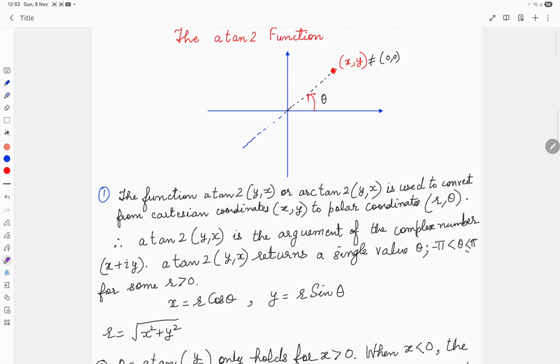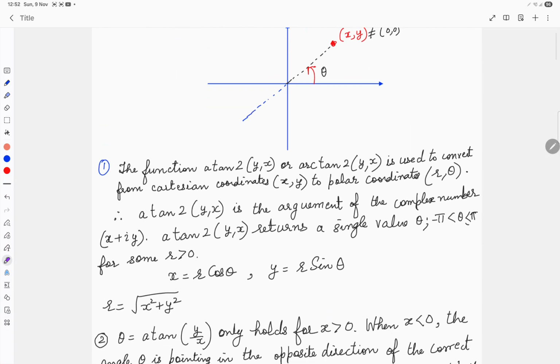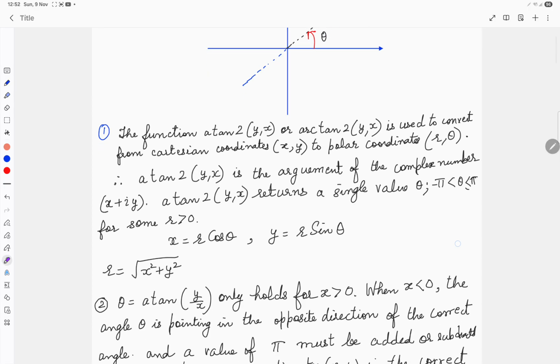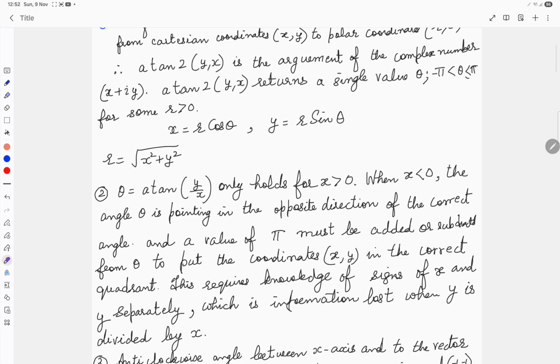So if this is theta, the angle with the negative x-axis will point in the opposite direction with the addition or subtraction of pi in angle theta. Then we will get the angle in the opposite direction. Theta is pointing in the opposite direction of the correct angle, and a value of pi must be added or subtracted from theta to put the coordinates x, y in the correct quadrant.